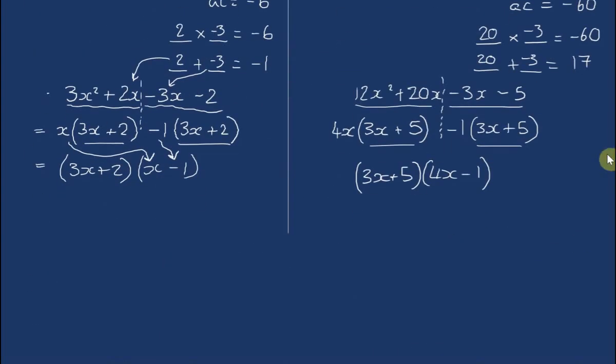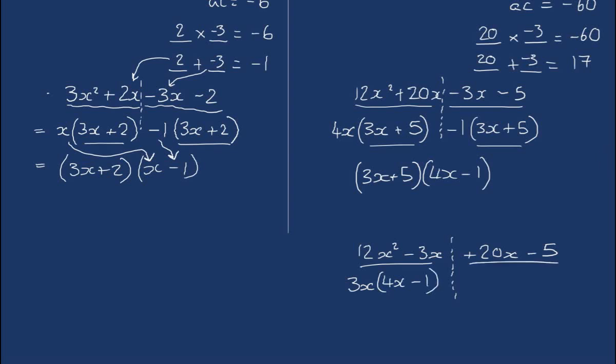So just to show you that it didn't matter whether we wrote the plus 20x or the minus 3x first, let me show you it the other way around. So consider it in parts again. What's common to both of these terms? 3x this time, and we would times that by 4x minus 1.